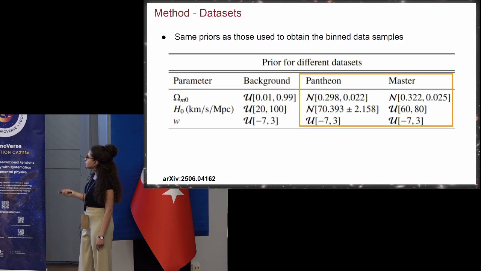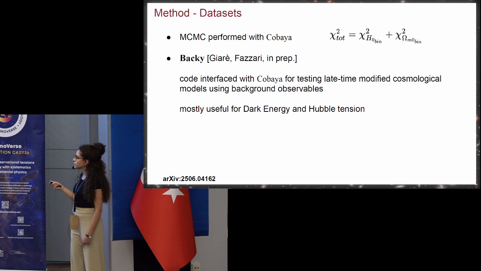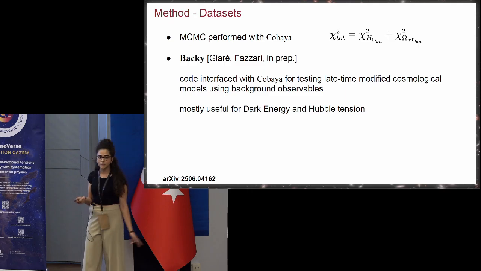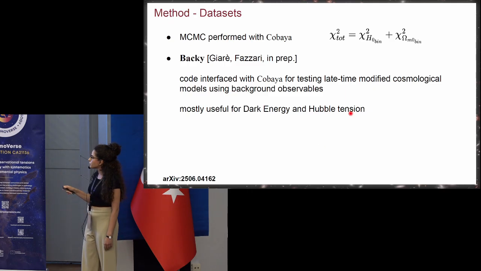So these are the priors used for the first part of the test, and they are the same as those used to obtain the binned data samples, to be consistent. We inferred the three parameters of the model, which are H0, omega matter, and the w parameter for dark energy, performing an MCMC through Cobaya, and we adopted this total chi-squared.